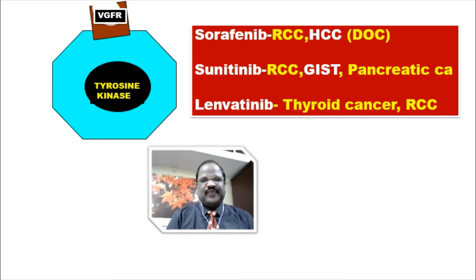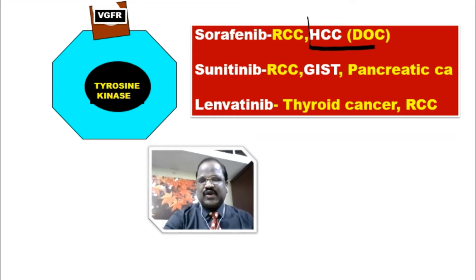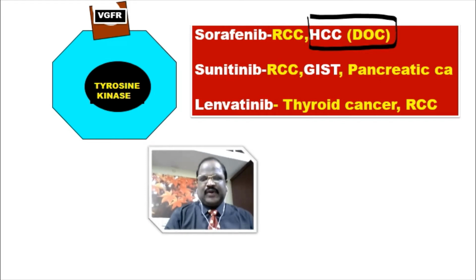The drug names are sorafenib, sunitinib and lenvatinib. In that, sorafenib is useful for renal cell cancer or RCC and also useful for HCC, that means hepatocellular carcinoma. Remember, sorafenib is the drug of choice for hepatocellular cancer. It's a very important MCQ question.